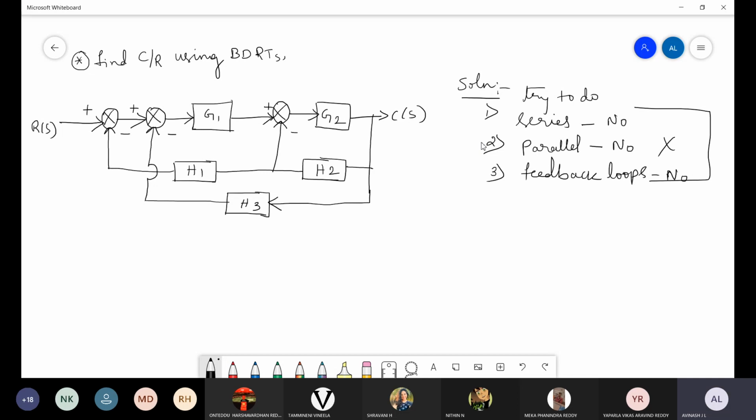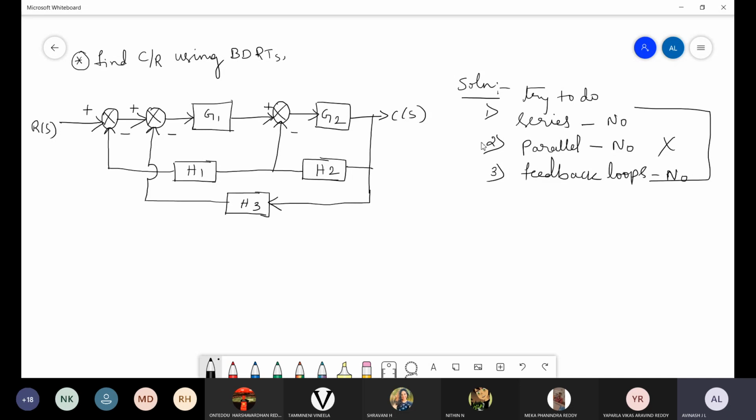So if these three are not there, then we need to find some other way in order to make these three things happen. That is exactly the concept here. When you see this particular thing, I can say step 1, or else I can say the solution.